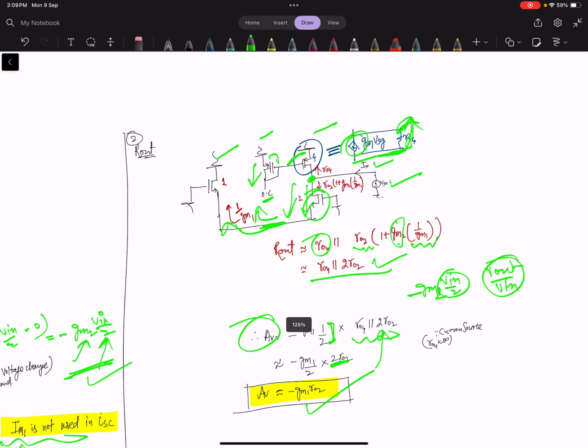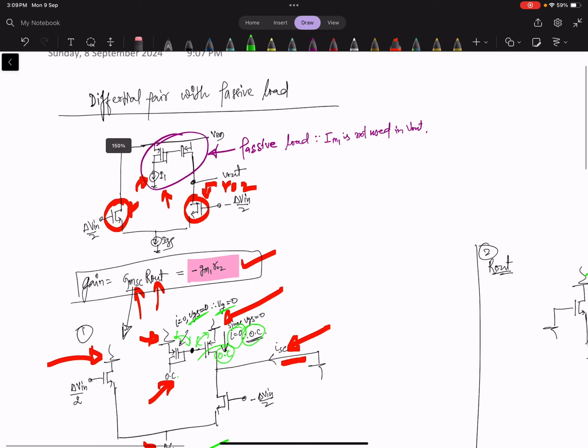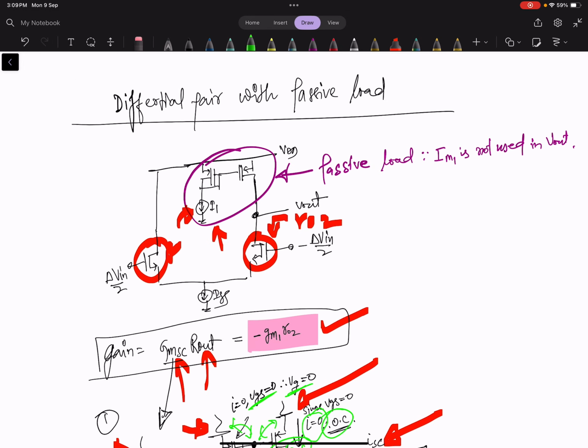If you see closely, the gain is defined by the gm of this device, gm1 or 2, and the resistance seen from r_o4 parallel r_o2.